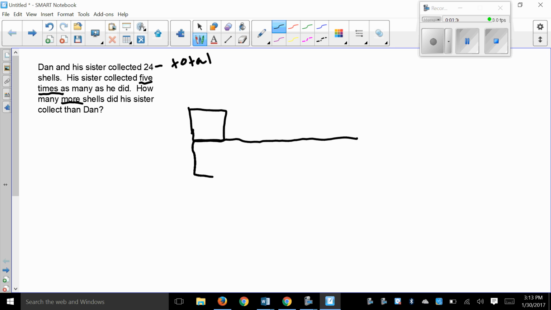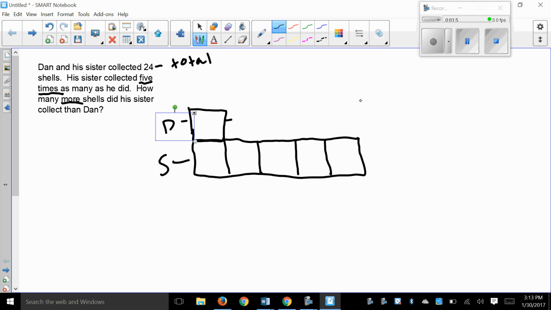Eyeball my 5 times as best as possible. 3, 4, 5. I'm going to label Dan's part, just label him on the side, D, and his sister's part with an S. And all together, all of these parts, 24.